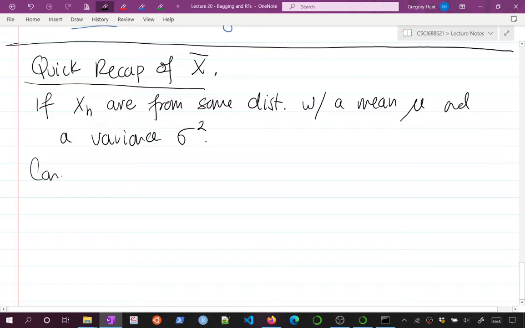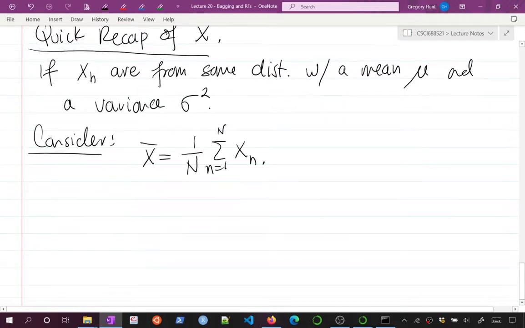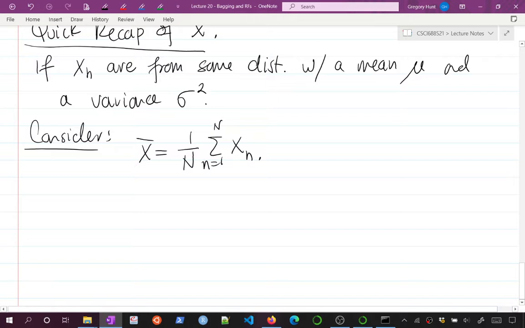And we consider, among my observations, looking at x bar, which is my arithmetic mean, 1 over n times the sum of my x sub n's. That's a typical definition of the arithmetic mean. We have some properties of x bar.